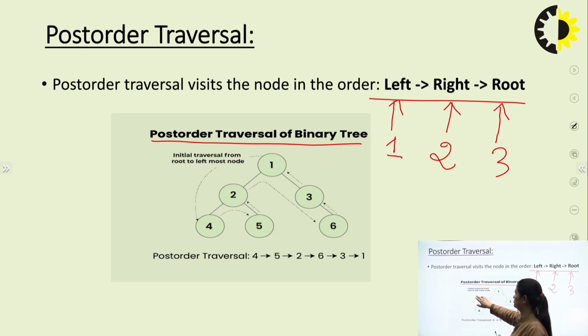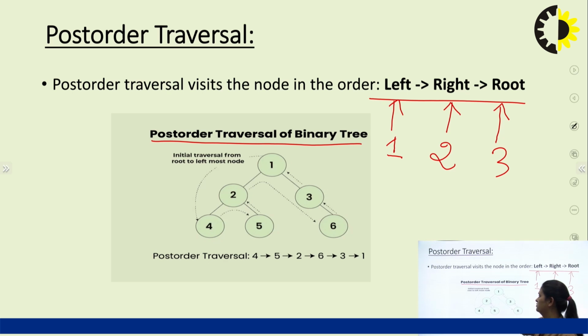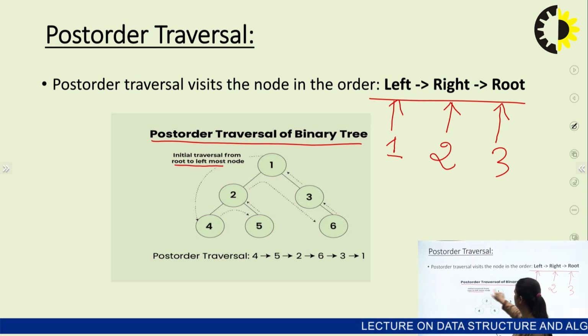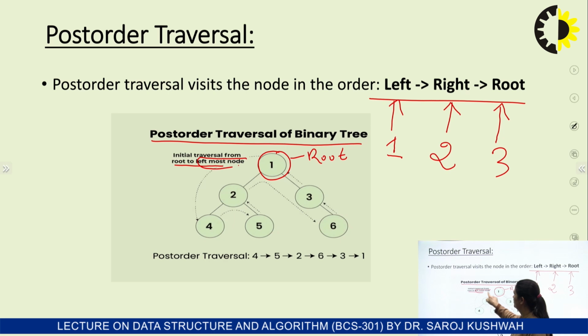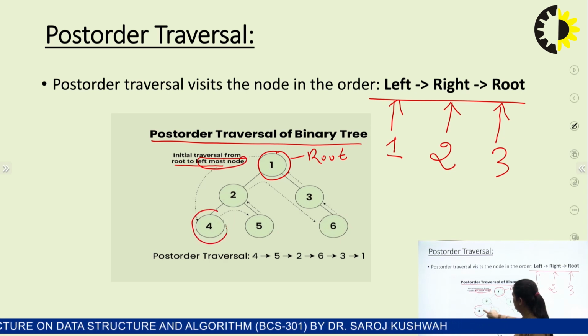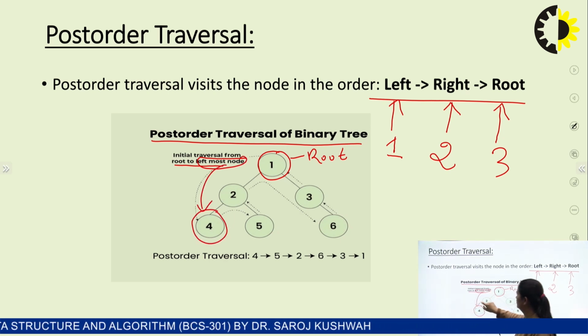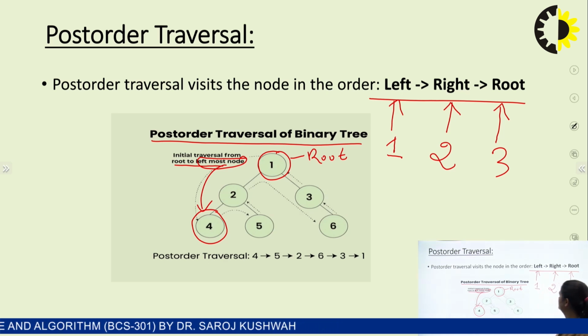Initially, we traverse from the root to the leftmost node. This is the root node and the leftmost node. 4 is the leftmost node of this tree.